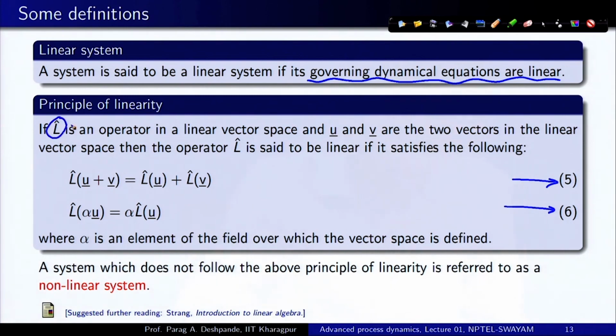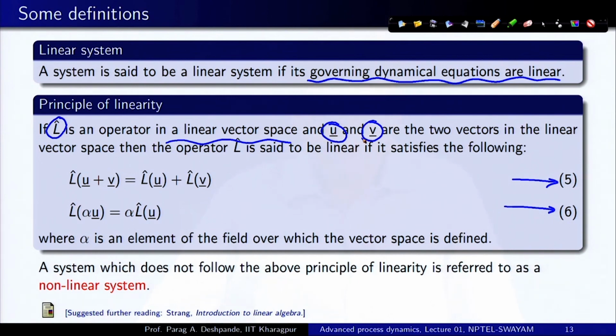We will very quickly see how I identify the operator, but at this point let us say that I have identified an operator, and that operator lies in a linear vector space whose two elements u under bar and v under bar are known to me. L hat is defined in that linear vector space.